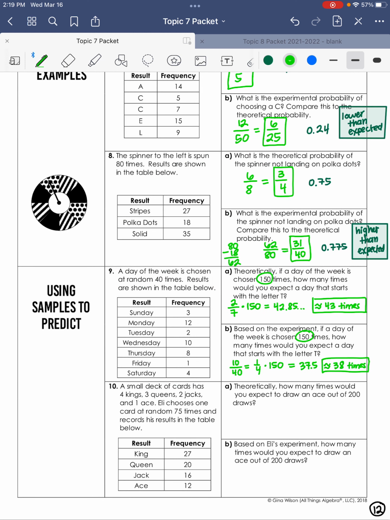Okay, let's look at number 10. A small deck of cards has 4 kings, 3 queens, 2 jacks, and 1 ace. Eli chooses 1 card at random 75 times and records his results in the table below. Theoretically, how many times would you expect to draw an ace out of 200 draws? Okay, so we're talking about drawing an ace, right?